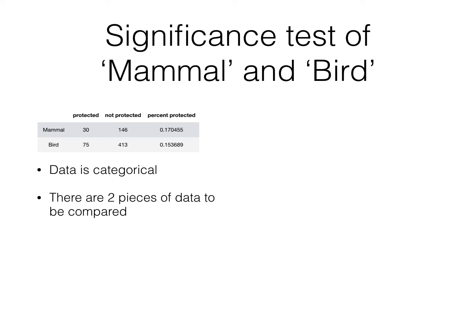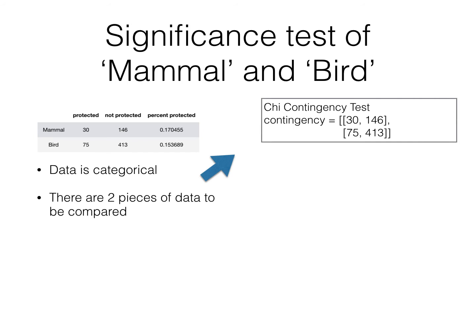15.4%. And we also notice the data is categorical and there are two pieces of data to be compared. So we select the chi-square contingency test for the significance test. We form the contingency table of 30, 146, 75, and 413.